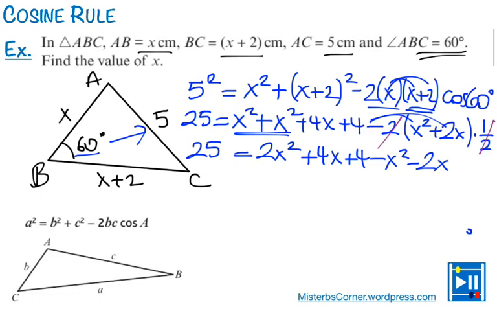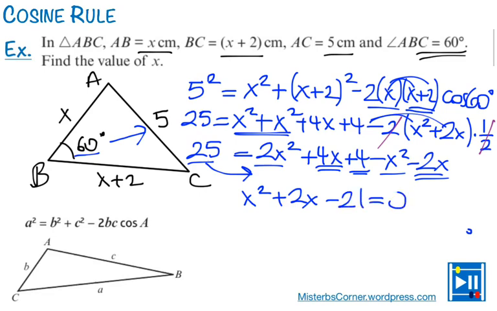So 2x squared minus x squared is x squared, and I'll take 25 to the other side, so I'll have x squared, 4x minus 2x is 2x, and 4 minus 25 is minus 21, which is equal to 0.